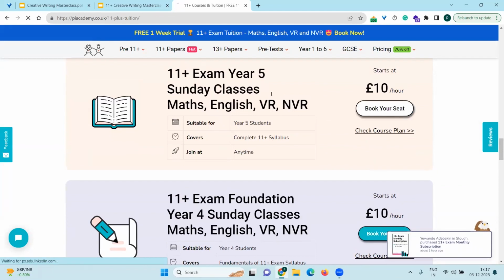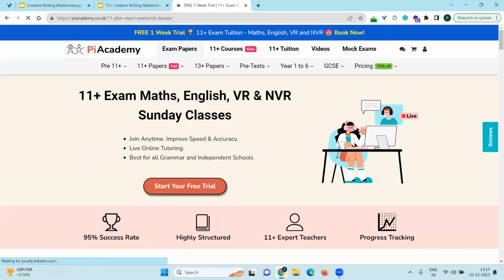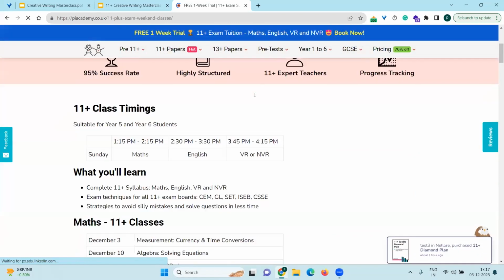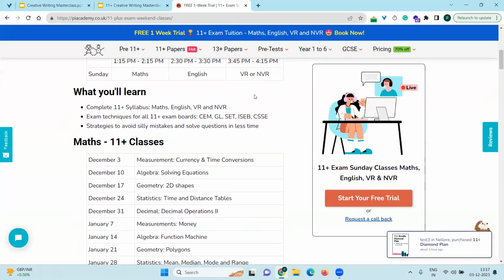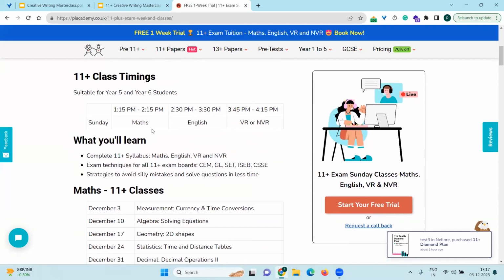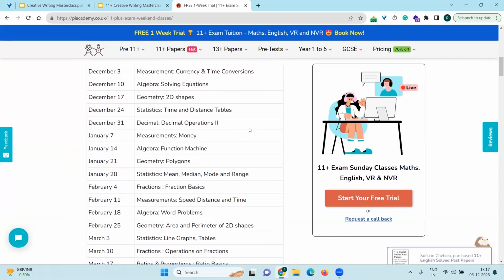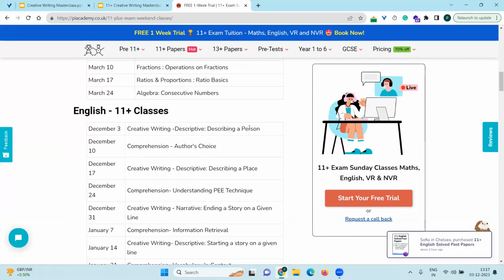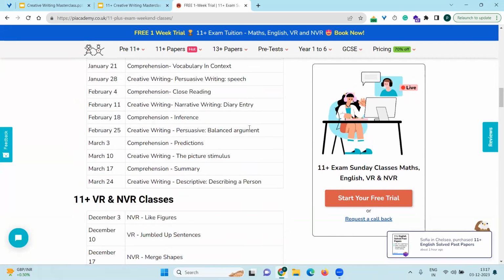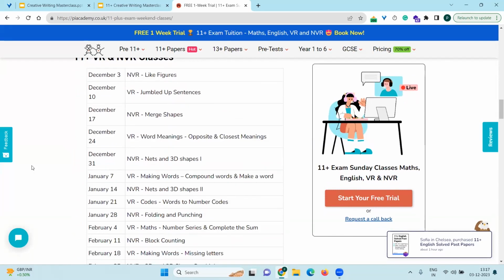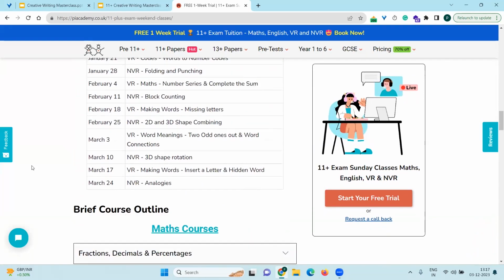In the weekend classes, you would be unlocking all the subscriptions that are there on the Pi Academy website, and along with that, you would have 52 sessions of Sunday classes. As you can see, we cover Maths, English, VR, and NVR. We have a very detailed syllabus structure, and we make sure that we cover all topics in 11 plus Maths, English, VR, and NVR.